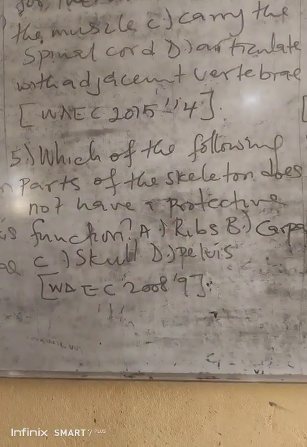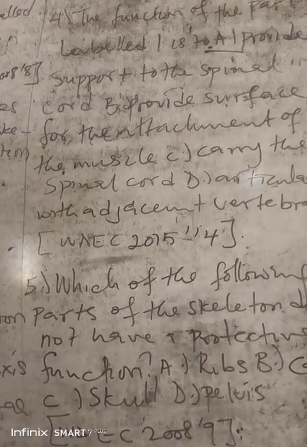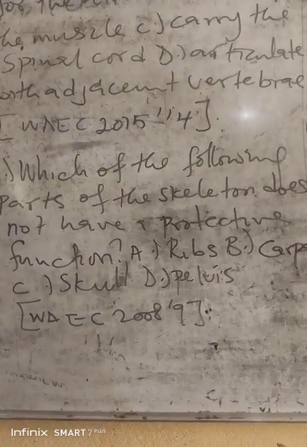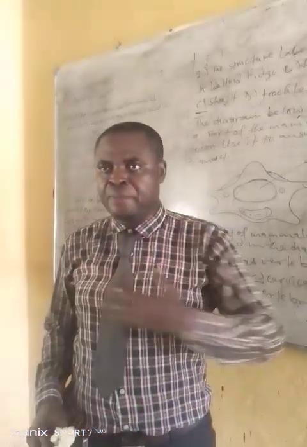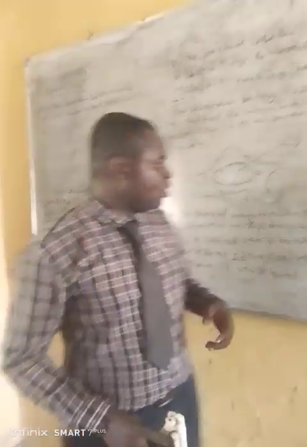Now, number 5. Which of the following parts of the skeleton does not have a protective function? Hey, be careful there. I told you one of the importance of the skeleton is that it provides protection. For example, the skull protects the brain. The vertebral column protects the spinal cord. The rib cage protects the lungs and the heart. Now look at the question.